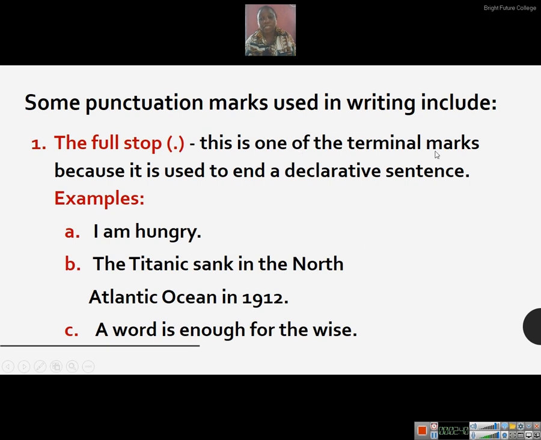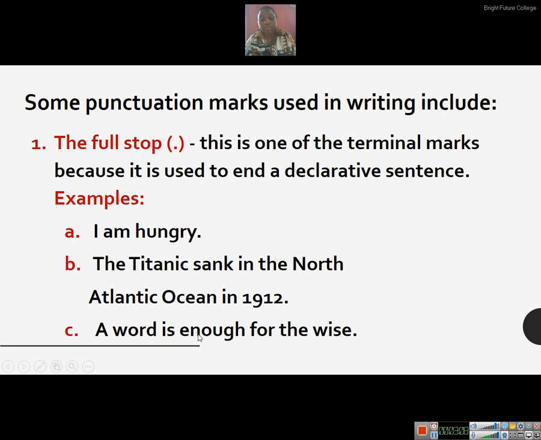Now, it is called a terminal mark. I have said it before, there are 3 terminal marks, and the full stop is one of those terminal marks. Examples of declarative sentences I have here that I have ended with a full stop include: I am hungry. The Titanic sank in the North Atlantic Ocean in 1912.